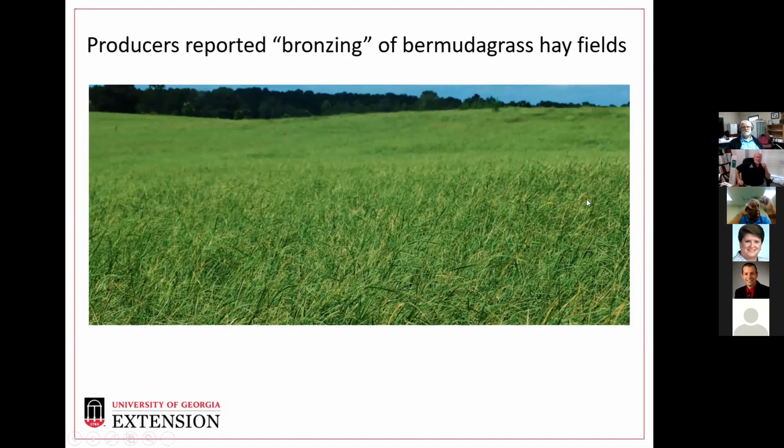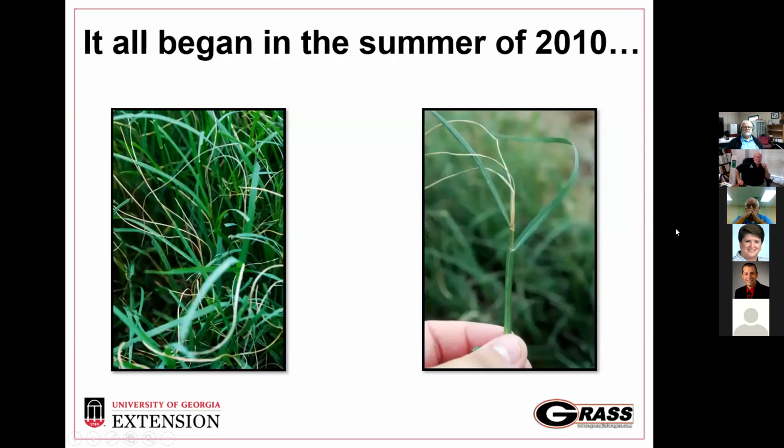In the middle of the summertime, it looked like the field had been frosted. And so it took some close observation, but the symptom was the death of the highest leaves on the tiller.